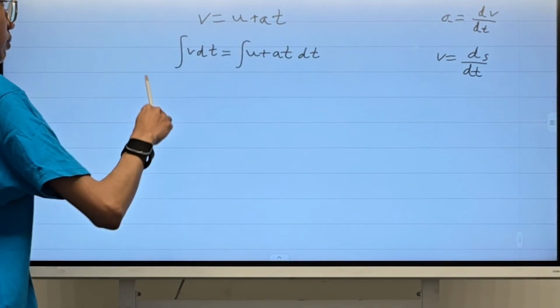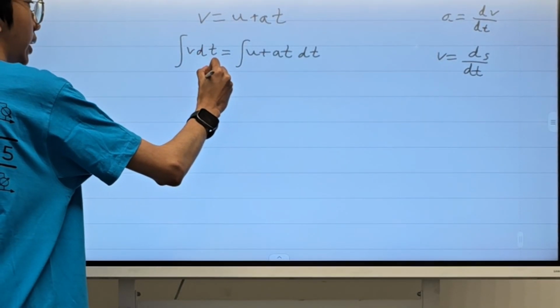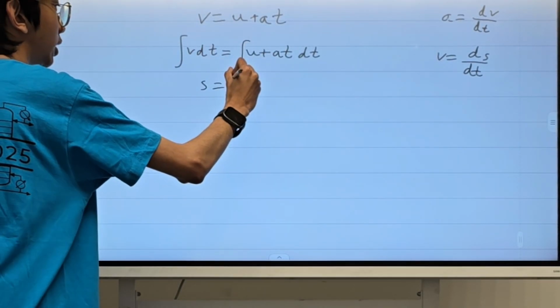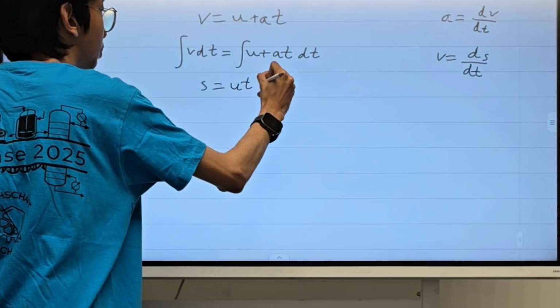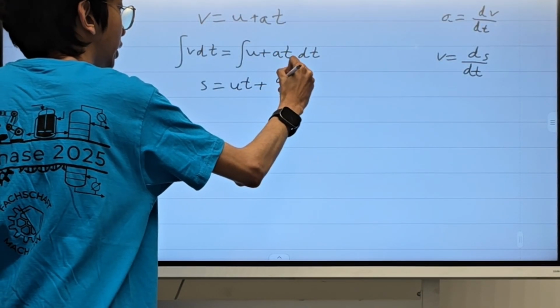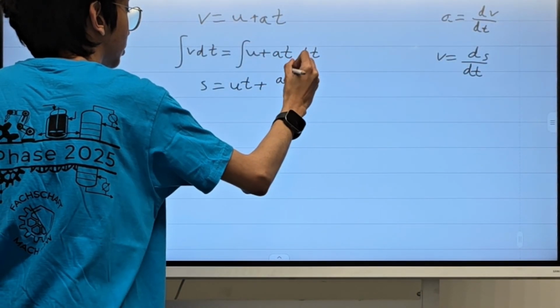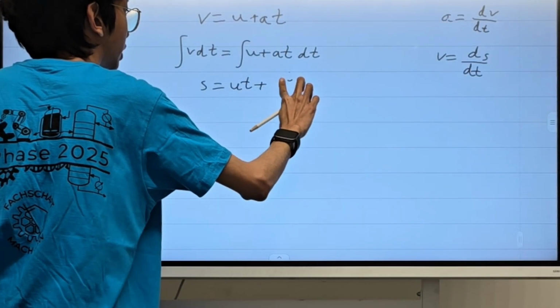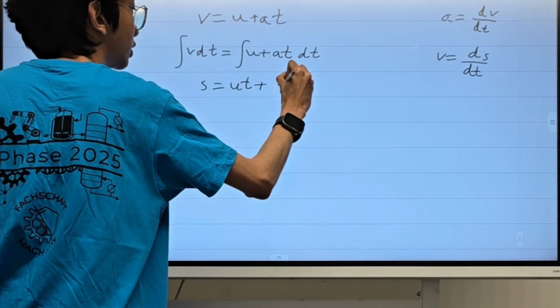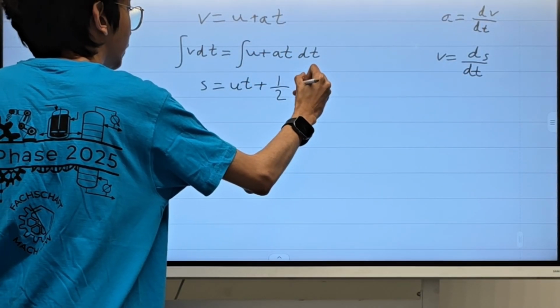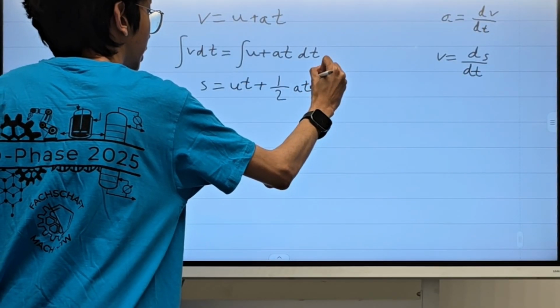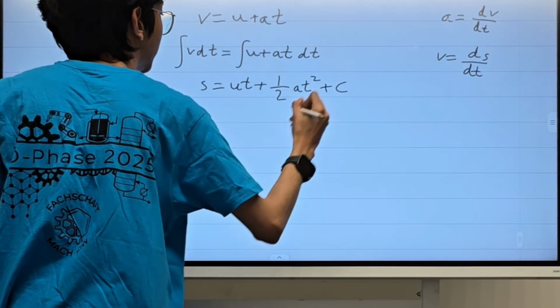We're going to get distance here. This becomes ut plus this becomes half at squared. I think some of you are starting to see that this is very familiar. Again, plus c, the integration constant.